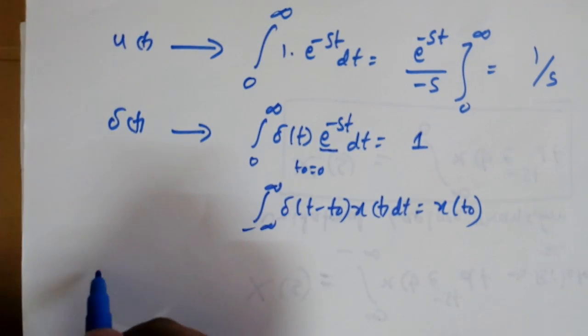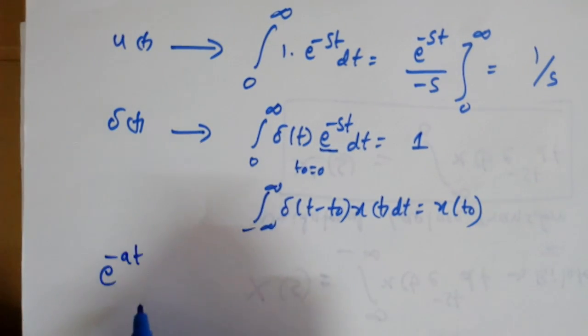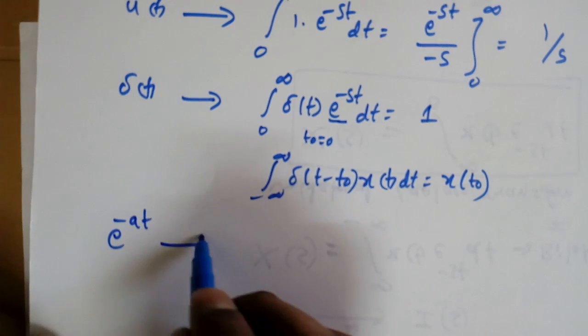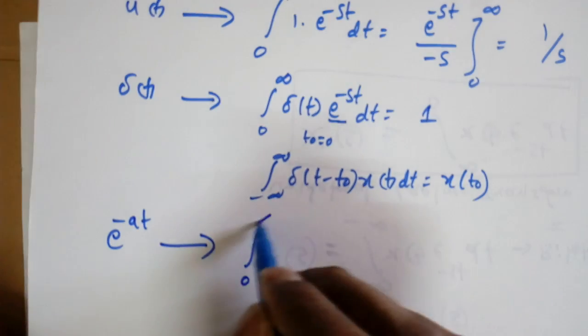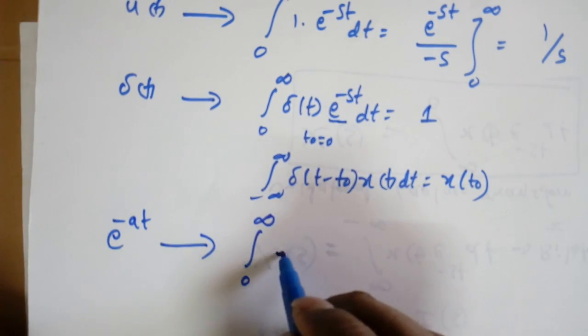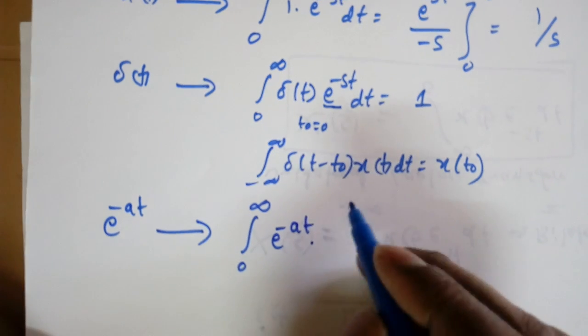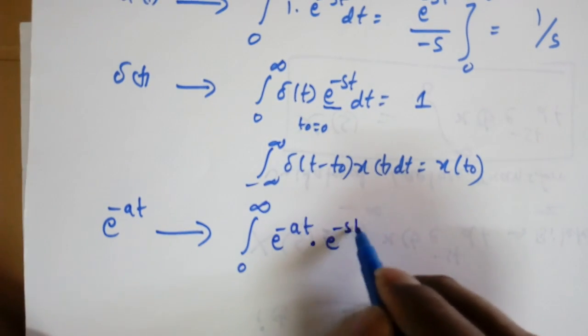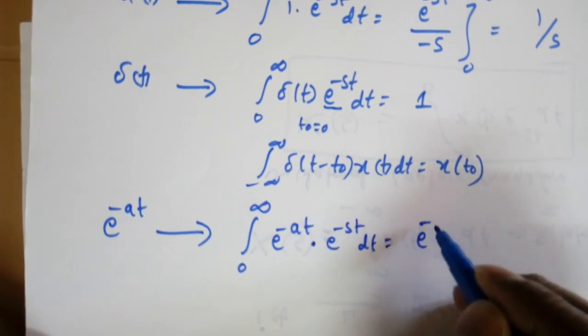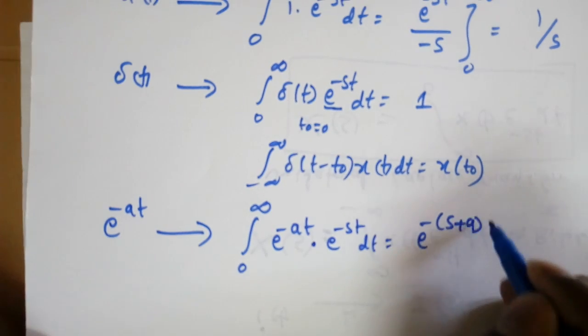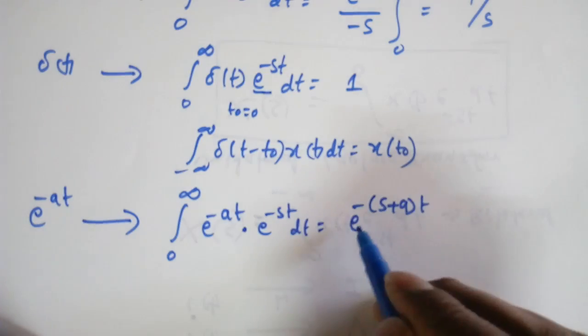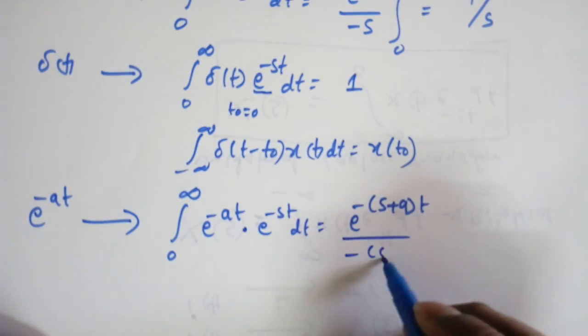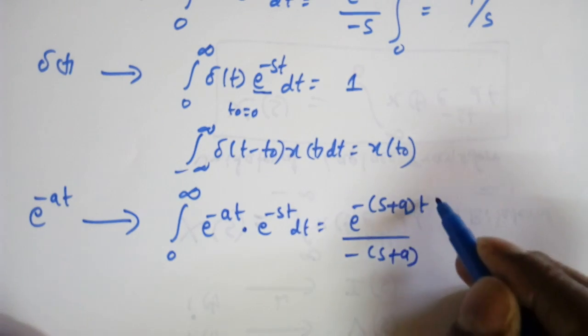So you will get 1. Similarly, suppose e power minus at is there. Now what is the Laplace transform? 0 to infinity, because unilateral, e power minus at into e power minus st dt. Now if I take minus of s plus a common, then it will become t, and if I differentiate, I will get minus of s plus a.